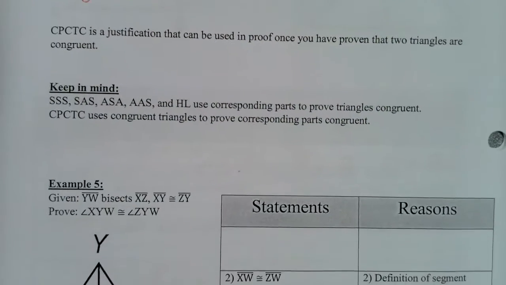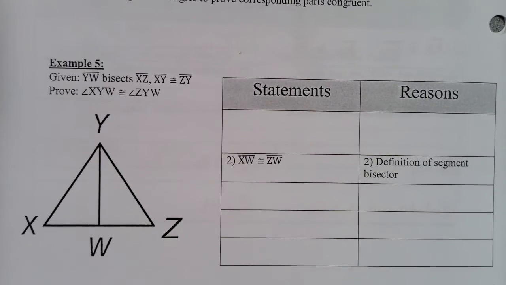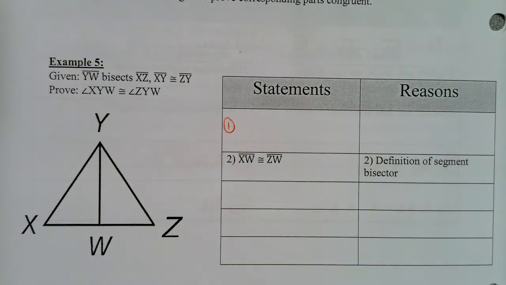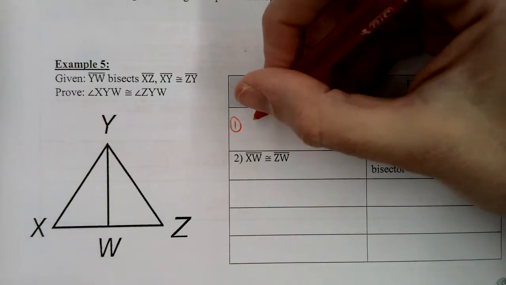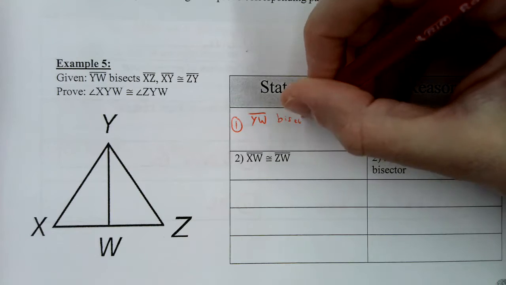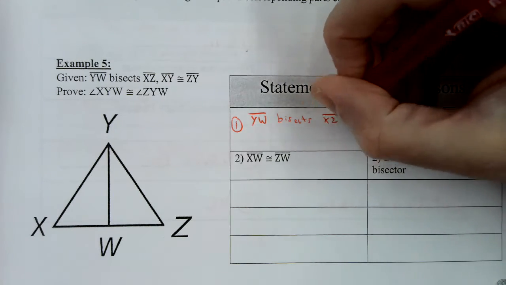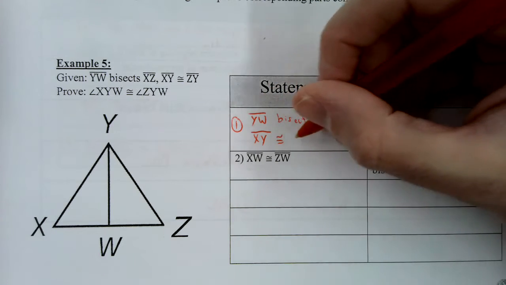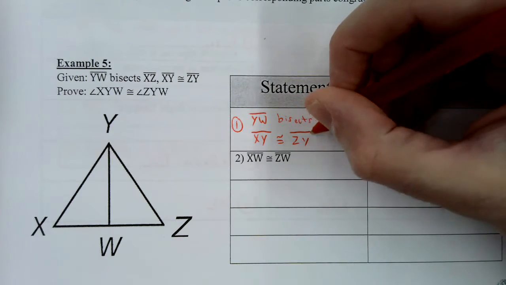Okay, so example 5. Given that YW bisects XZ, and we're given that XY is congruent to ZY.